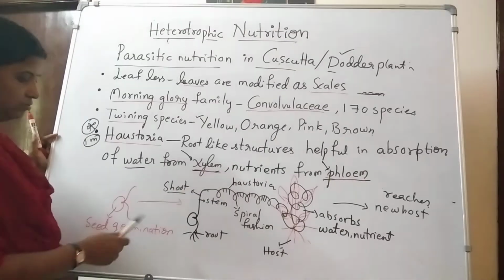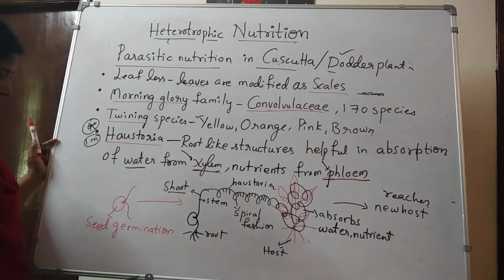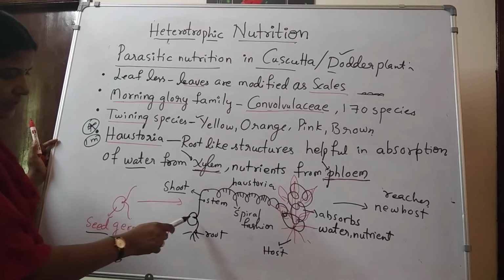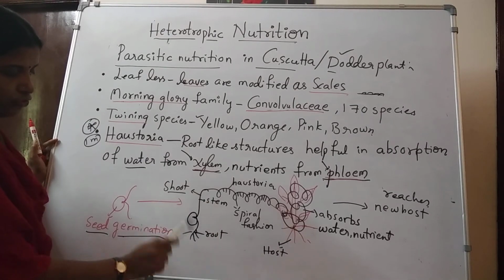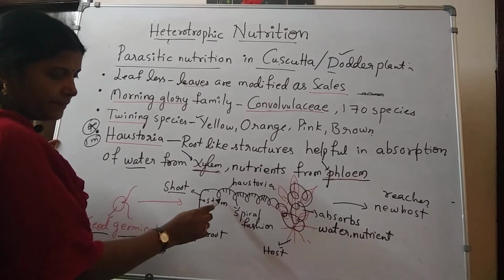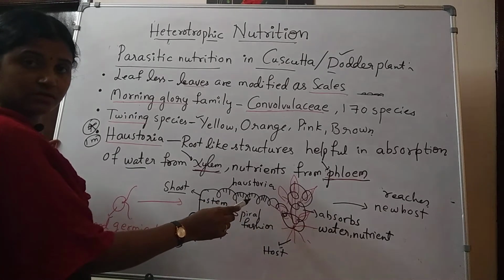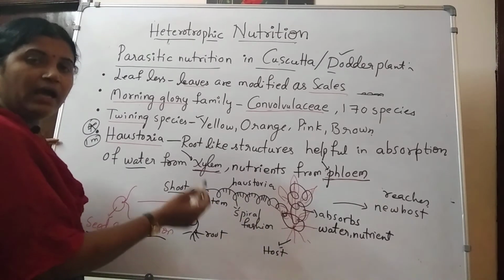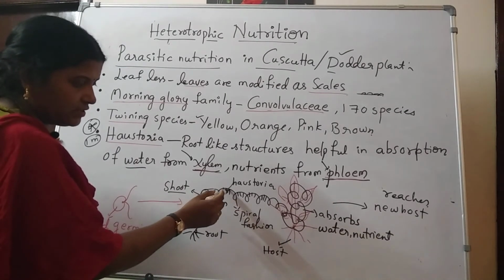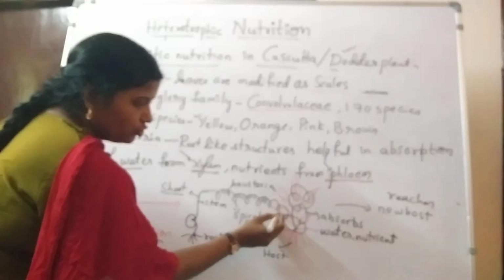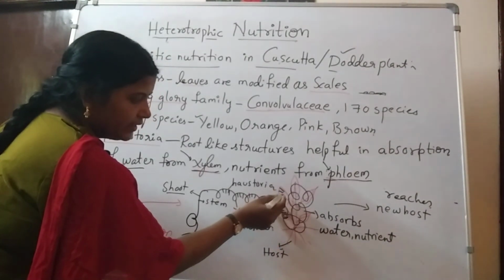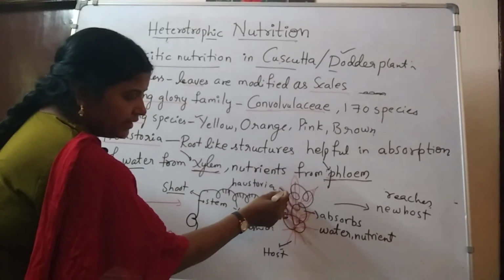Okay, so this is the process of nutrition. First, seed germination. After that it forms shoot tips and root tips. The shoot tip grows as a stem in a spiral fashion, and this stem has the haustorial structures, the root-like structures. With this it is able to penetrate into the xylem and phloem.